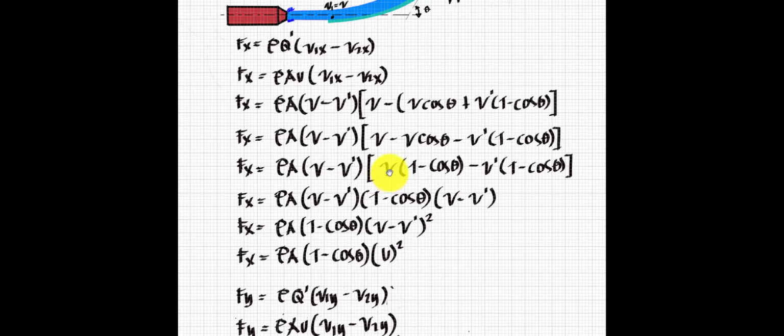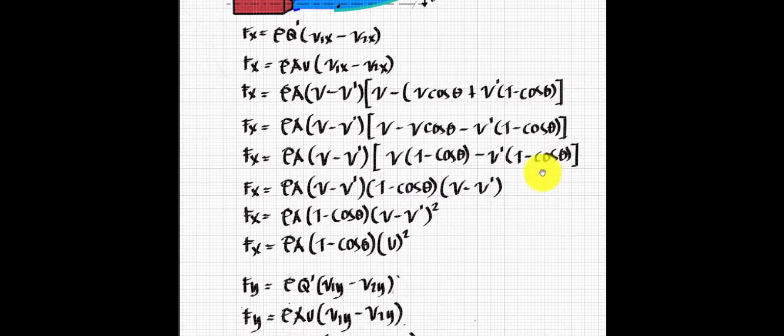So we have the velocity of the jet times 1 minus the cosine of theta, minus the velocity of the vane times 1 minus cosine of theta. Since these are common, we can factor this one. So we have 1 minus cosine of theta times the velocity of the jet minus the velocity of the vane.